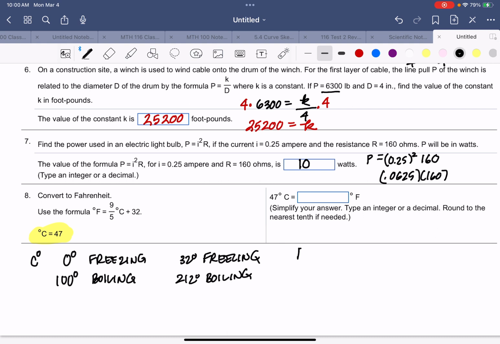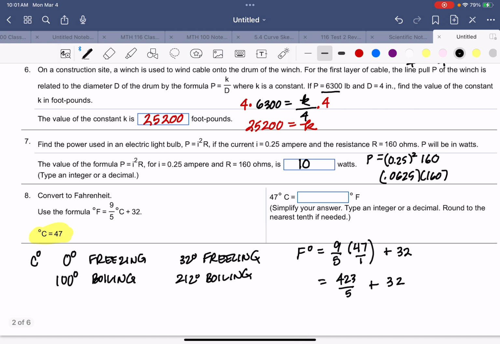So the Fahrenheit degrees are going to be equal to 9/5 of that 47, and that's a 47 over 1, and then add 32. So I'm going to go ahead and multiply 9 times 47, 423 divided by 5, plus 32.